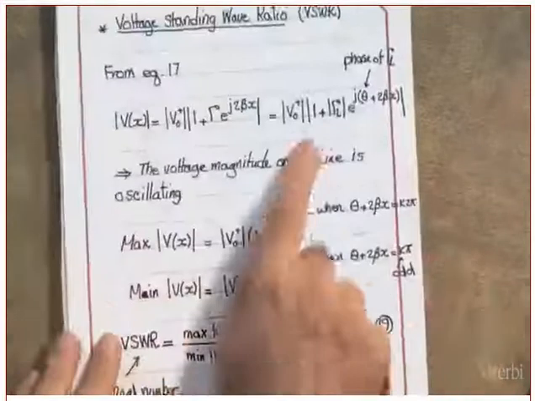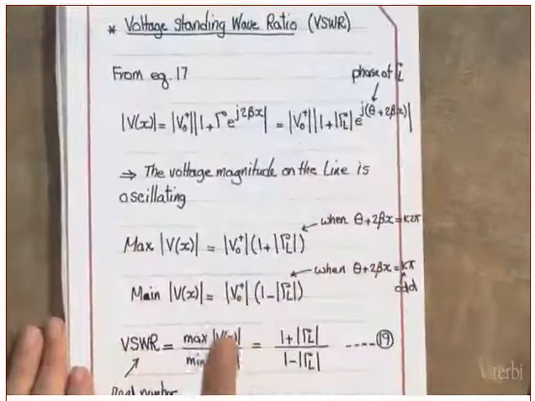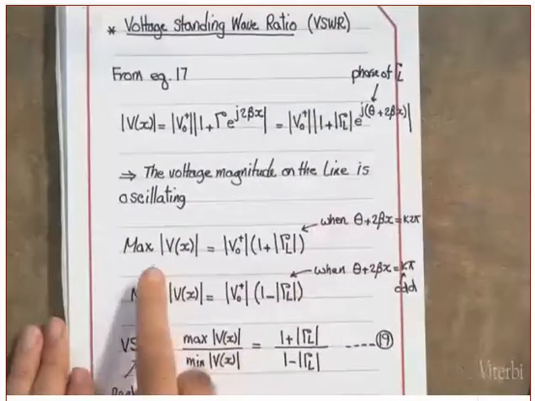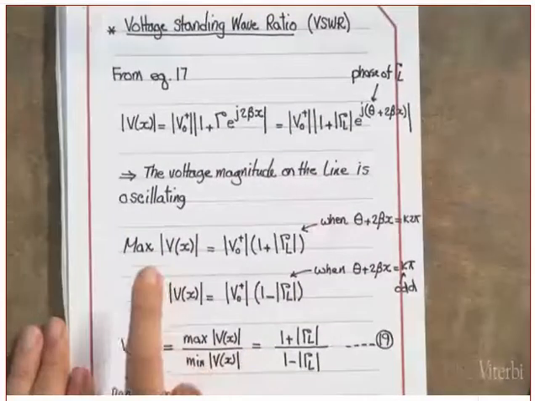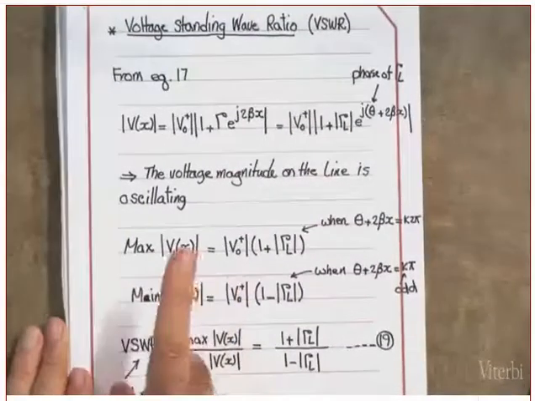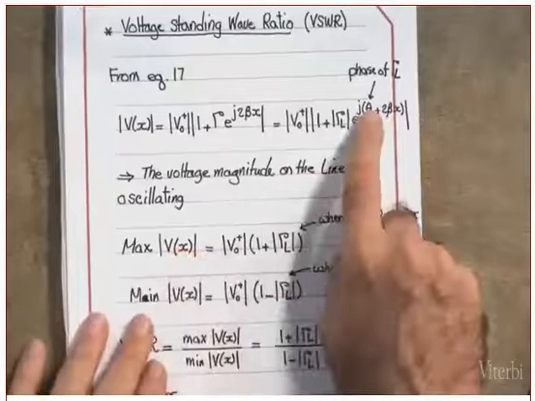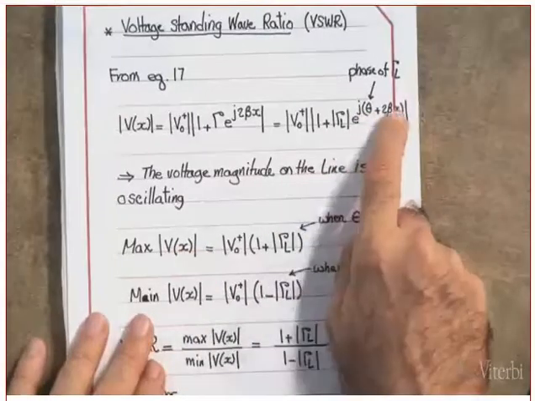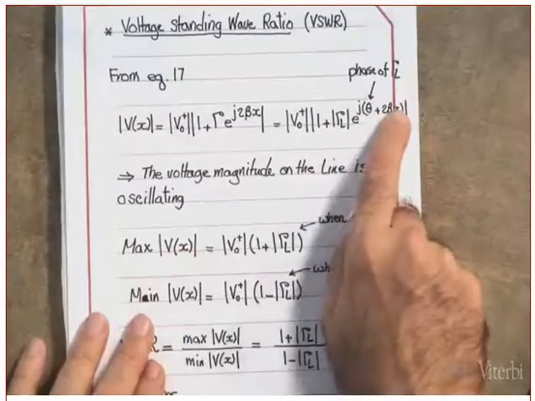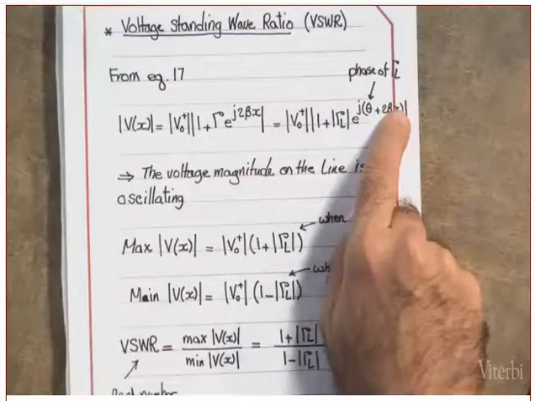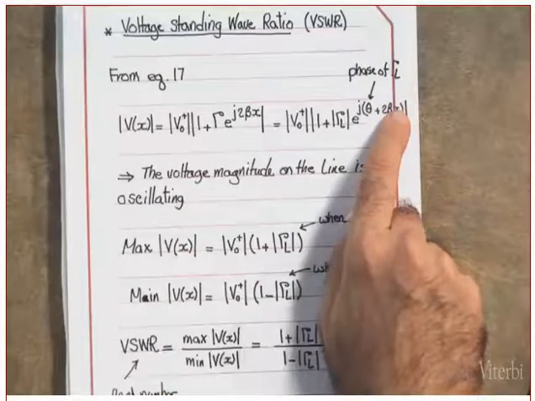Yes? In here, no, the voltage is oscillating. What is the maximum value? Amplitude or magnitude, if you'd like. The maximum value is when this one is equal to 2 pi or multiples of 2 pi. Did you get this or not? Integer multiples of 2 pi.